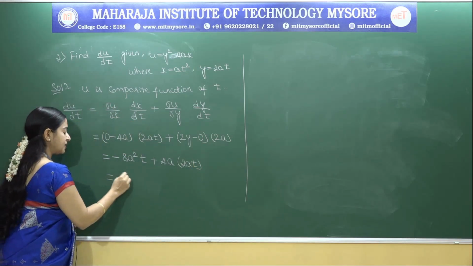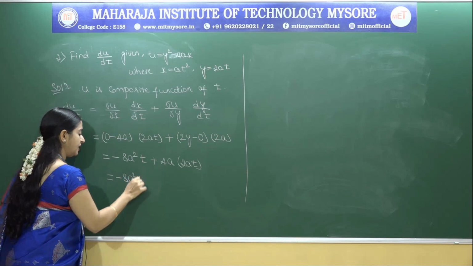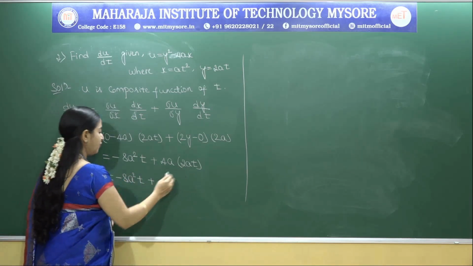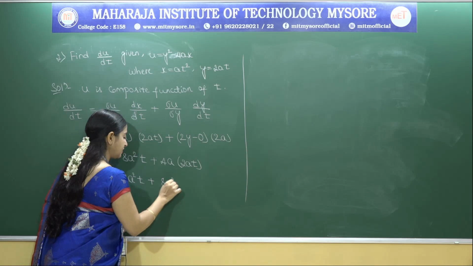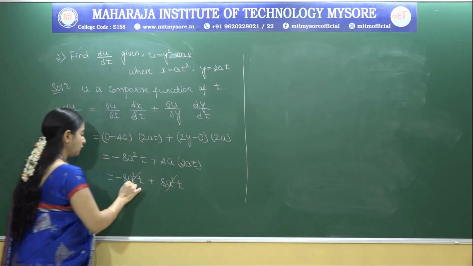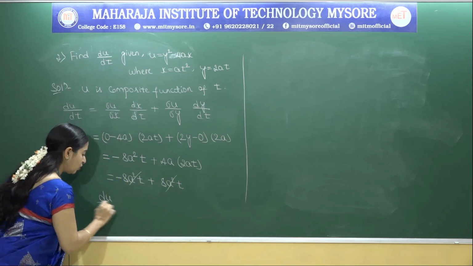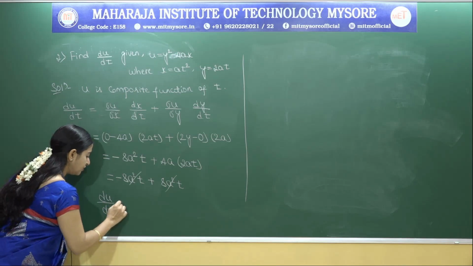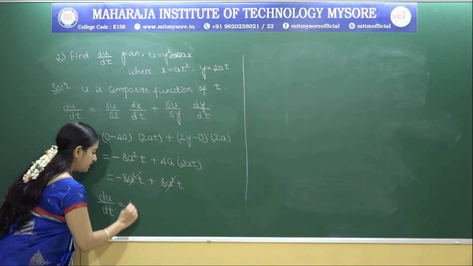So this equals minus 8a square t plus 8a square t. Since both have the opposite sign, the total derivative of u with respect to t is 0.